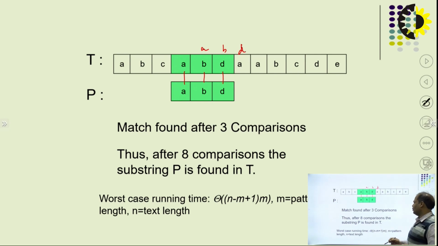So this is a very expensive algorithm because it is not intelligent, and it does not work well when we have a pattern whose suffix is also a prefix.